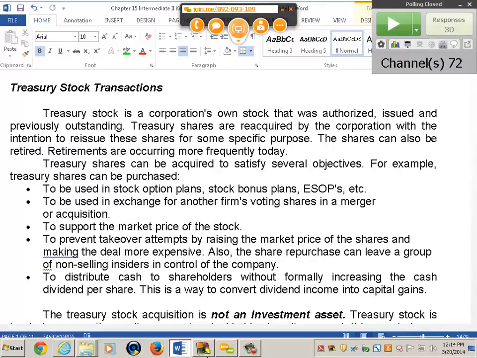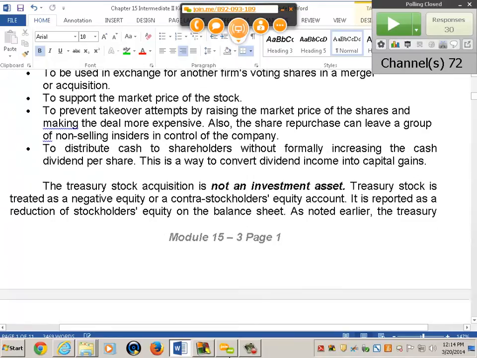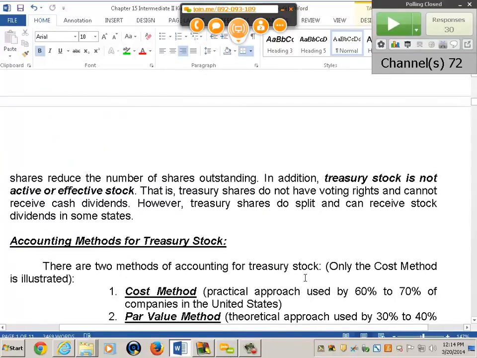Now, just to remind you, treasury stock is not an asset, and on the next page, realize that it is not effective stock and it cannot be used to vote, does not get cash dividends. Treasury stock does, in some states, get stock dividends, and all shares in the Treasury will split, and of course authorized, issued, and outstanding will split as well.